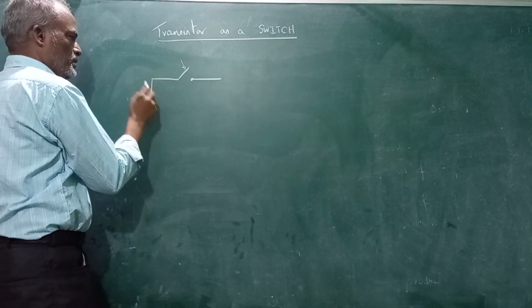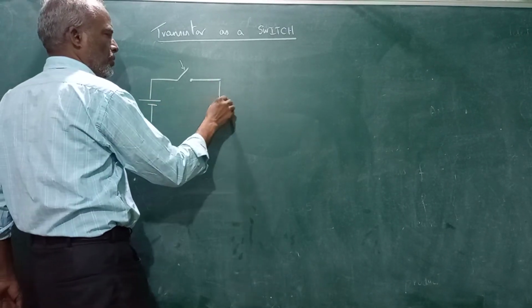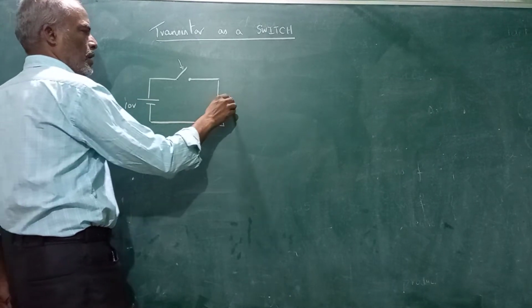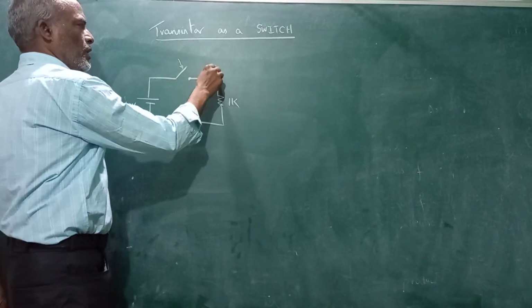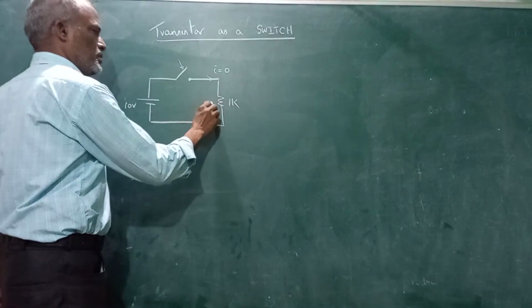Suppose you have 10 volts and 1K. When the switch is open, no current will flow, I equals 0. Therefore, the voltage drop here is 0 volts.